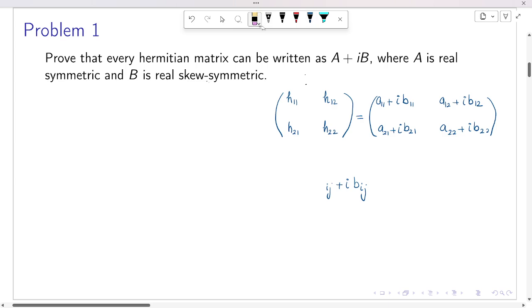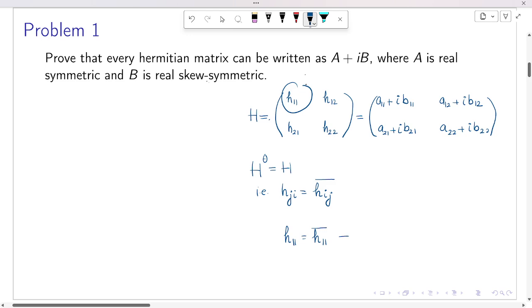Now what are we given? We are given that this matrix H is a Hermitian matrix. It means H conjugate is equal to H. That is Hji is equal to Hij conjugate. So from here we have H11 is equal to H11 conjugate.